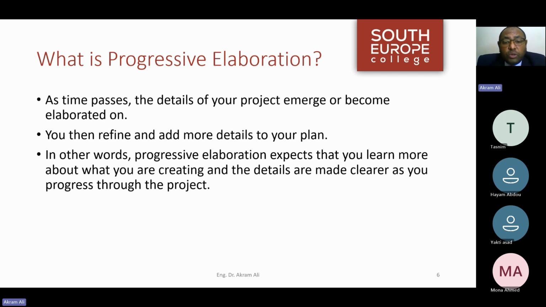But here, when we use the term progressive elaboration in planning, we actually mean that we use guesstimation for the project. However, we do planning for 6 months by 6 months or whatever. So we start to understand and elaborate on what's going to happen during the next foreseen duration.